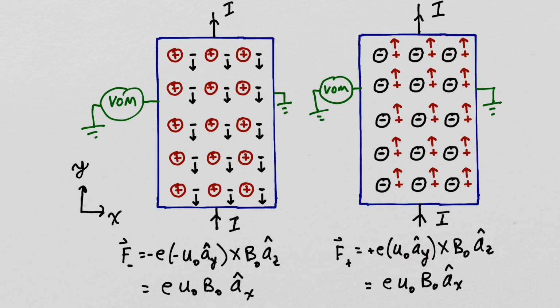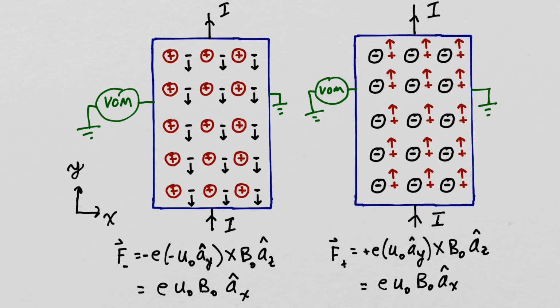So again, with the magnitude of the charge being e, the qu cross B force would be e u sub 0 B sub 0 in the x direction. So this force would push the mobile positive charges to the right, making the left-hand side of the gold negatively charged and the right-hand side of the gold positively charged.